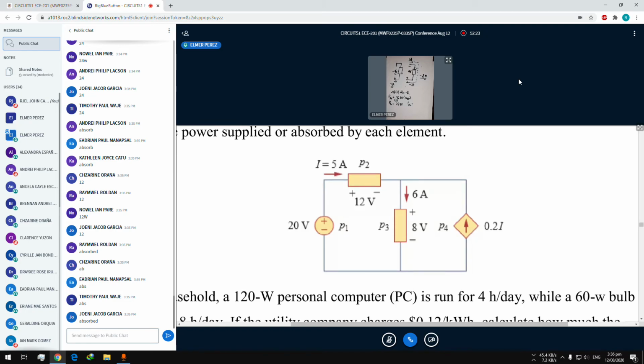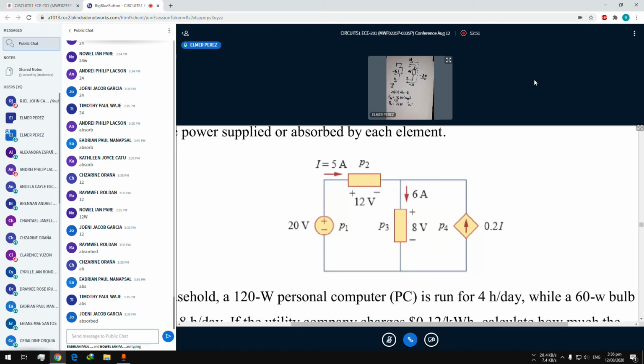Malalaman nyo din kasi, tignan nyo yung value niya, 0.2i. So that means, nakadepende ang source na to sa i. So kung titignan natin, nasan ba yung i? Ayun, yung i. So, ang value ng i given naman it's 5. So, therefore, ano yung source, actual source ng element na to? Okay?